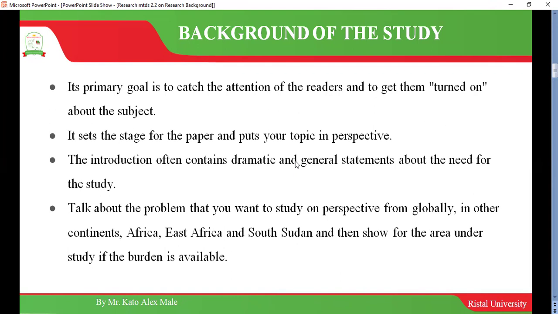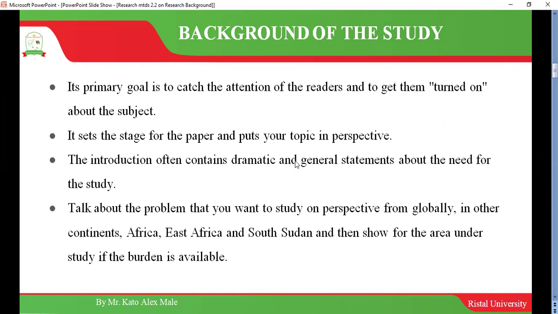Otherwise, if you write the background very poorly, you will not have lured your readers to continue reading, and they will only stop there. It has to catch the attention of the readers and get them turned on about the subject. It sets the stage for the paper and puts your topic in perspective.